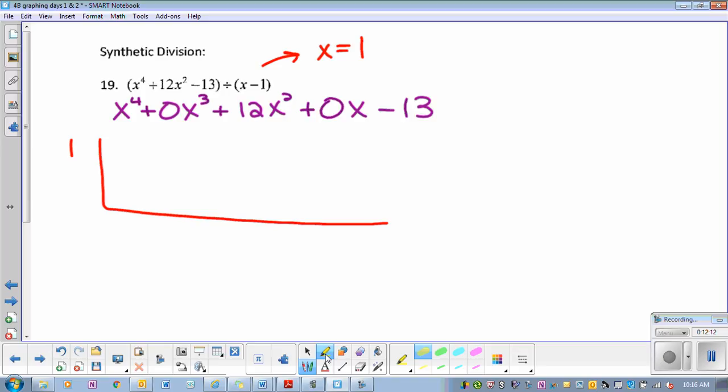So now what we're doing is we're basically taking all of the coefficients and bringing them down, okay? So 1 for that x to the 4th, then a 0, then a 12, then a 0, then negative 13.